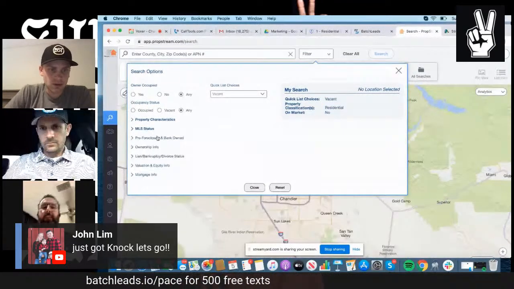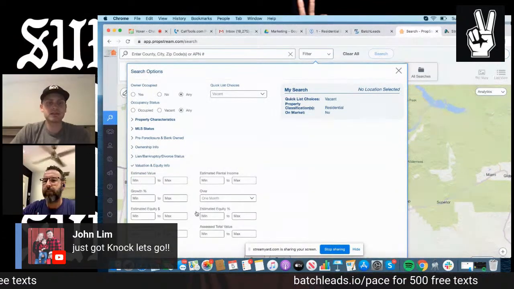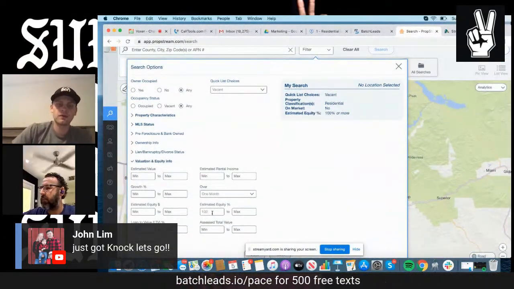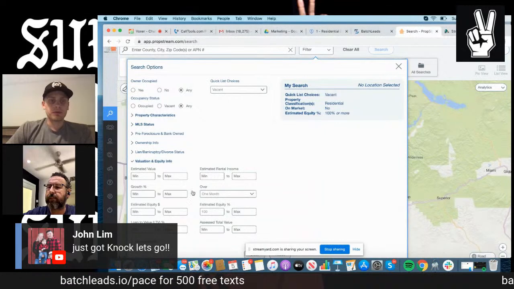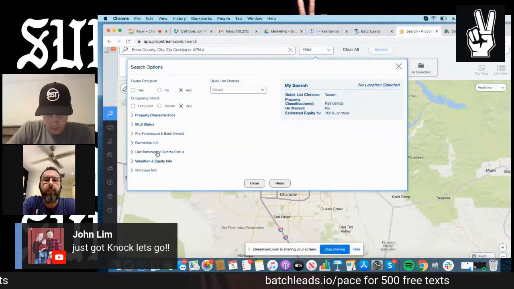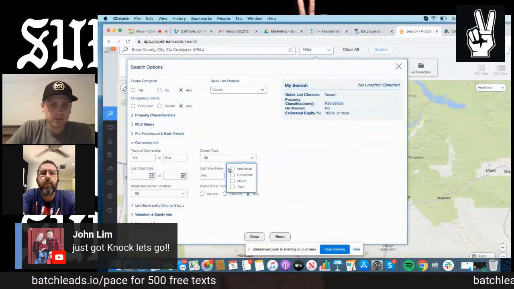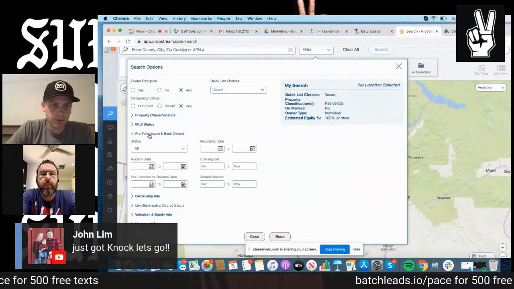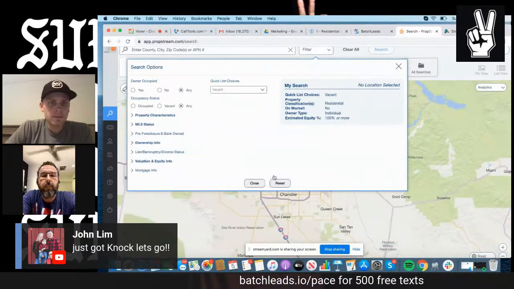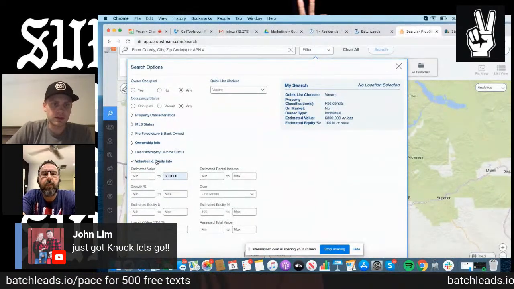Dope. All right. Okay, so we're going to pull a vacant list, and then we're going to do 100% equity, meaning it's free and clear. And then we're going to do regular homeowners, 300,000 and below.